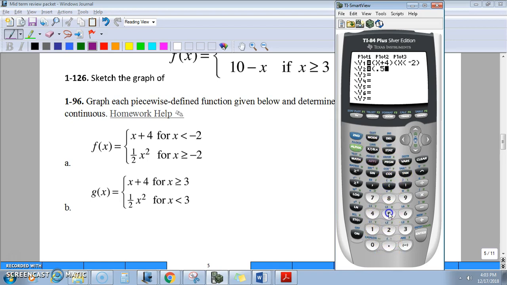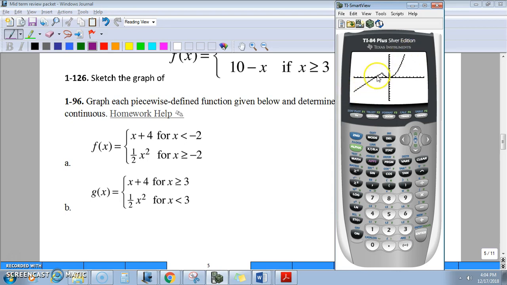I'm just going to do 0.5 so I don't have to worry about fractions and parentheses. x squared, where x is greater than or equal to negative 2. I think we're still on Zoom 6, so I'm going to graph this. Cool, and it also looks like it's continuous.